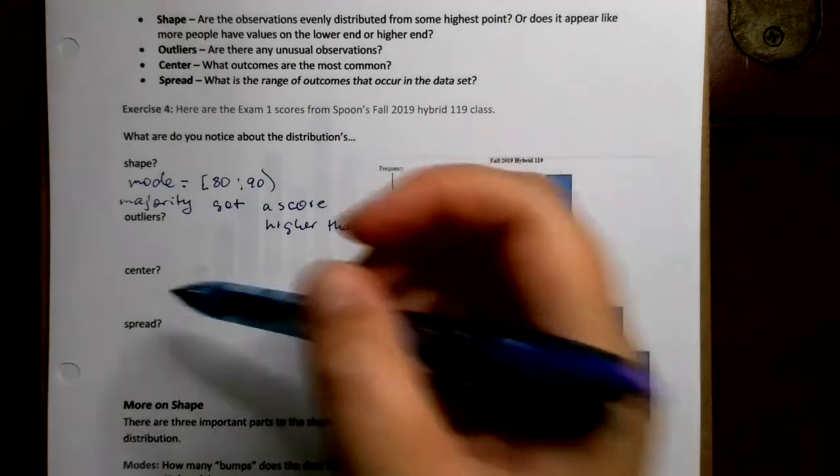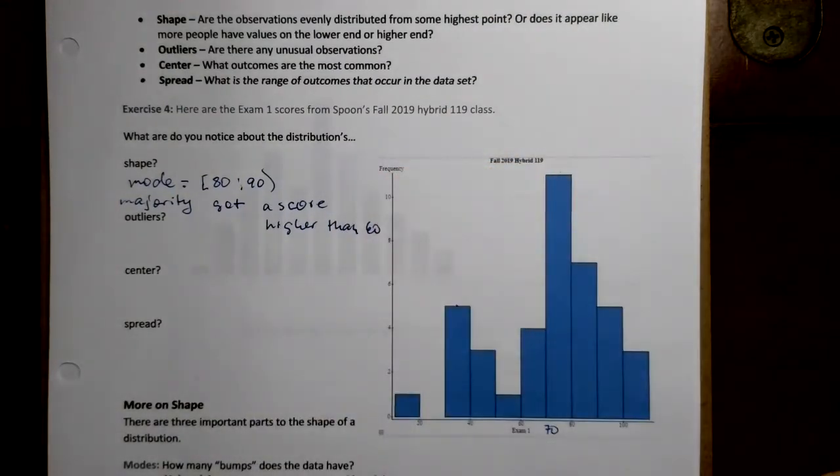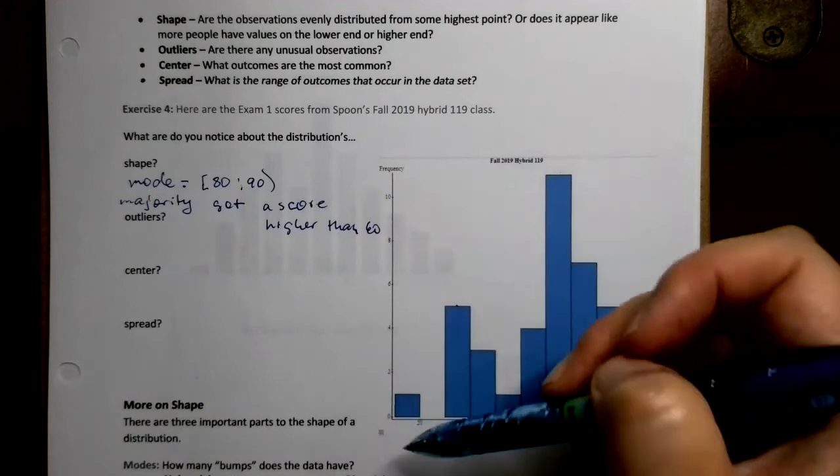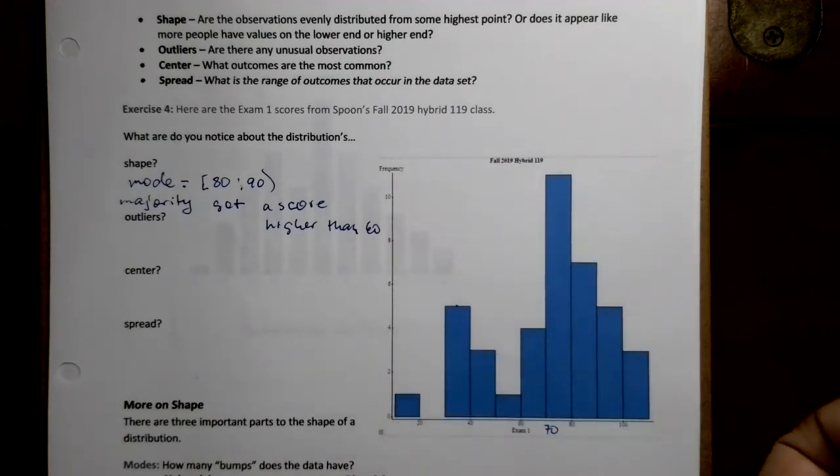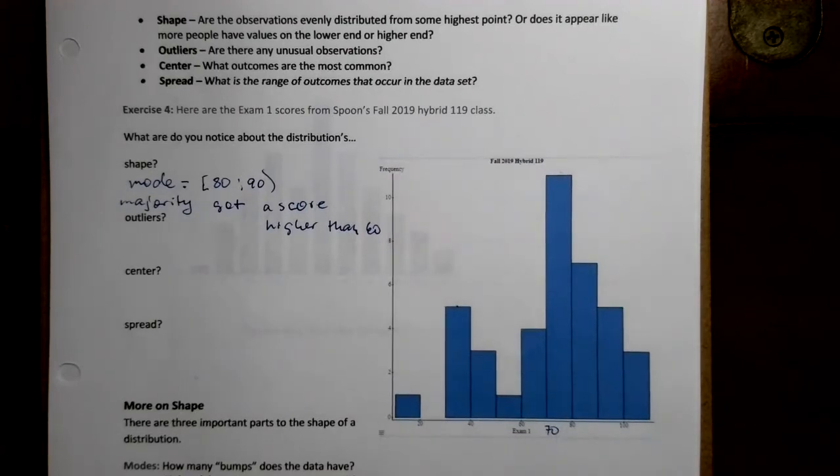Okay, what about the outliers? Outliers, if you remember, are unusual scores for the data set. So this one score between 0 and 20 would be considered unusual, since the majority of the class actually got greater than 60. Then getting a 0 is unusual.